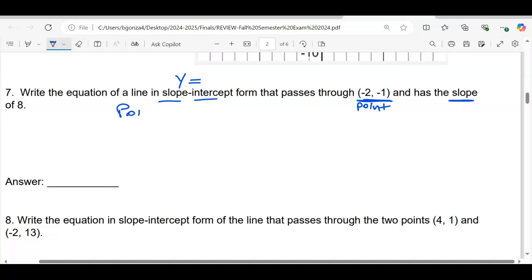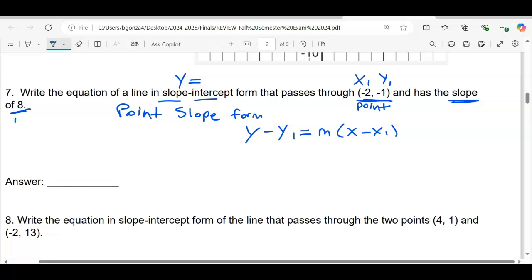So point-slope form is what? y minus y1 equals m(x minus x1). Now, when you have a point, that's x1 and y1, and then you have a slope, that 8 is going to be m.